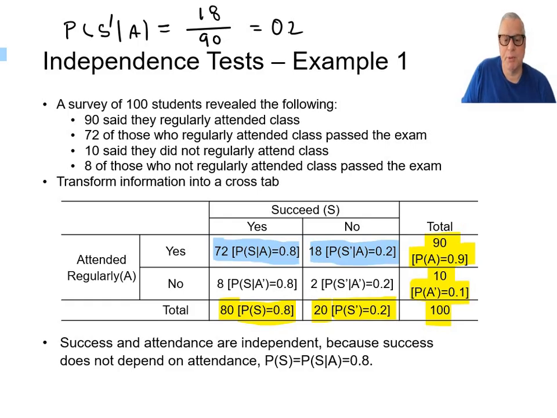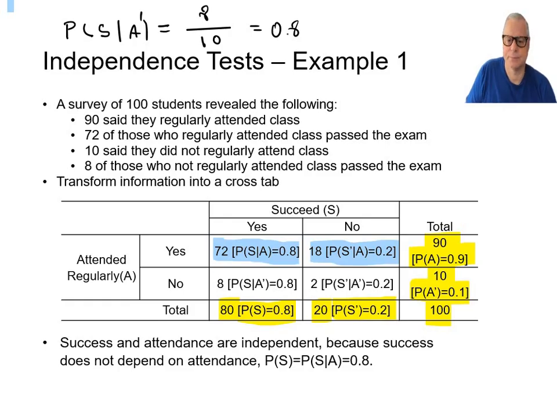Next, what's the probability for a non-attender, so now we are concerned with given that somebody does not attend, and there are a total of 10. And how many of those did succeed? Well, that's 8. So the probability of success for a non-attender, A prime, is 0.8.